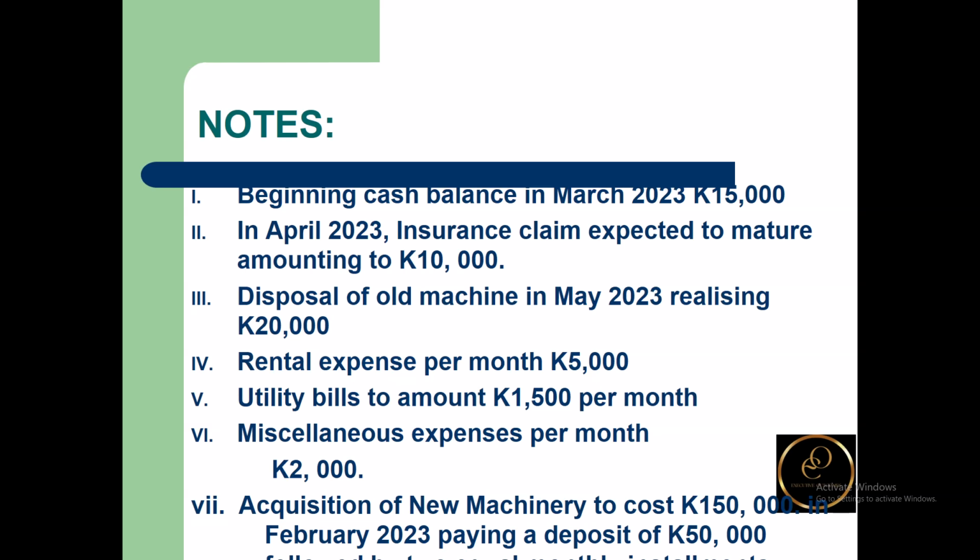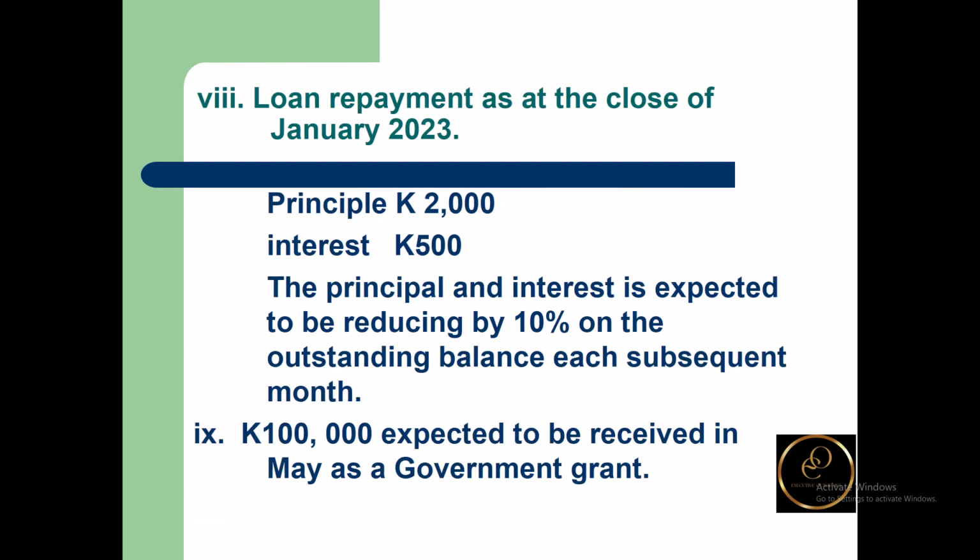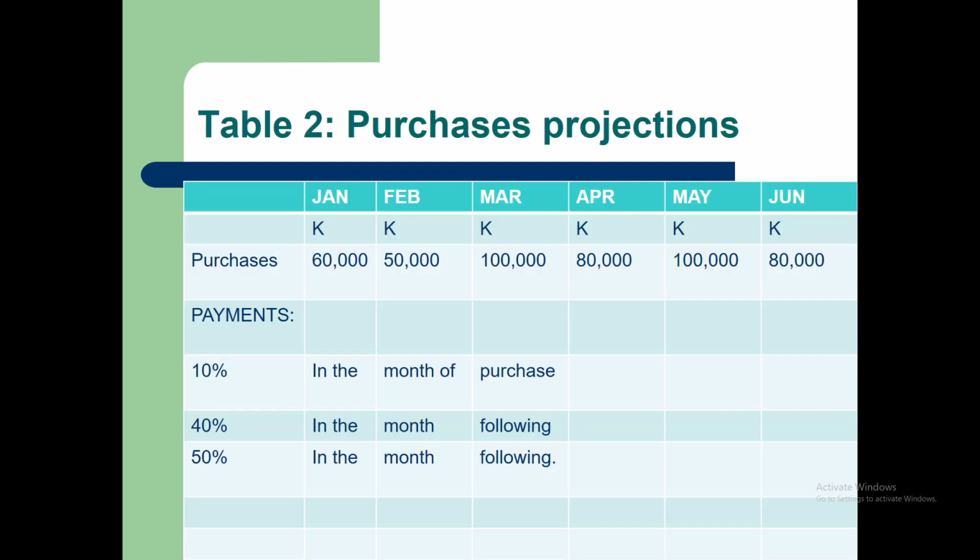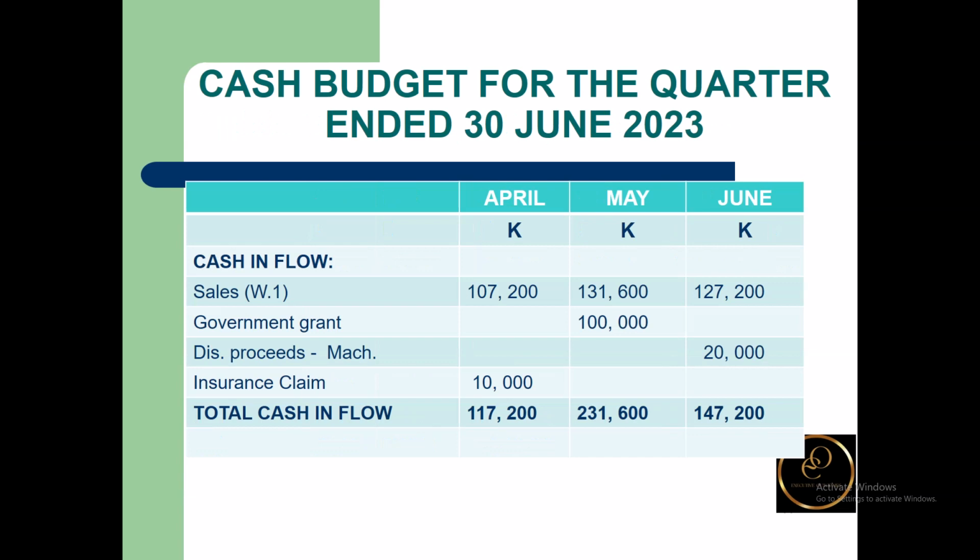Equally, the next point, which is in April 2023, is an insurance claim expected to mature amounting to 10,000. Again, that is another low-hanging fruit. So let's see where these are being slotted in the template. This relates to the income side.